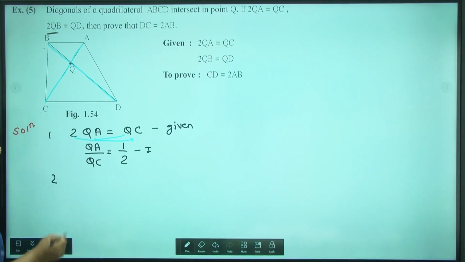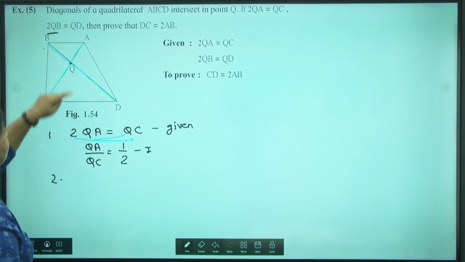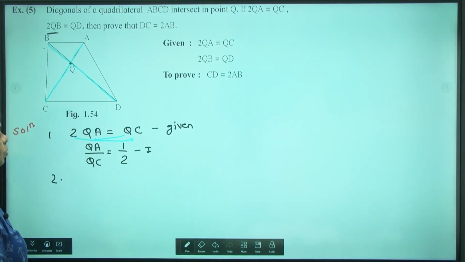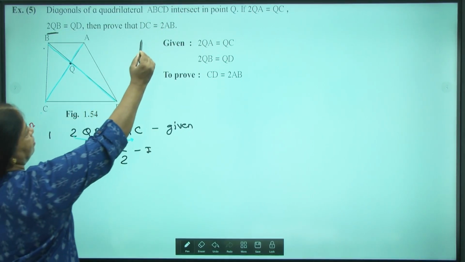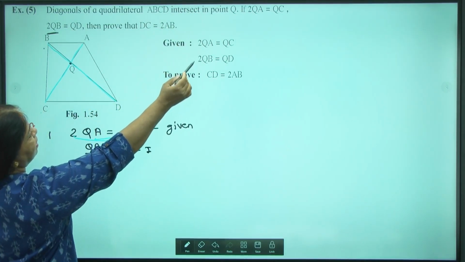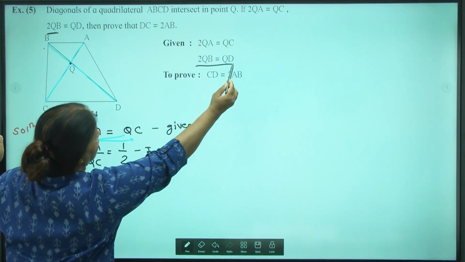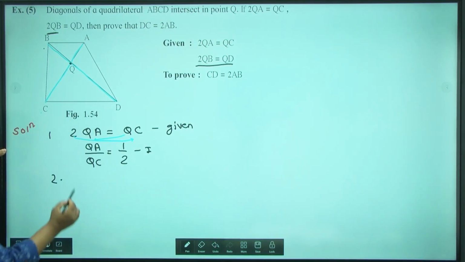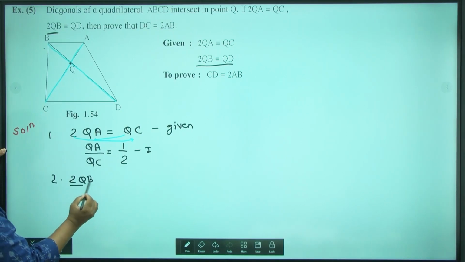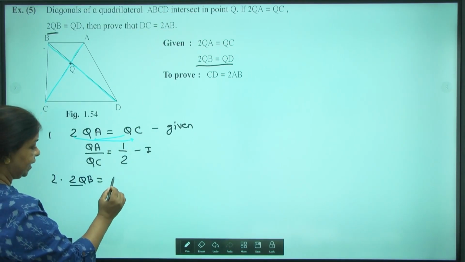Now second, QA upon QC is equal to 1 upon 2 we got. Second, what is given? It's given that 2 times QB is equal to 1 time QD. 2 times QB is equal to 1 time QD.